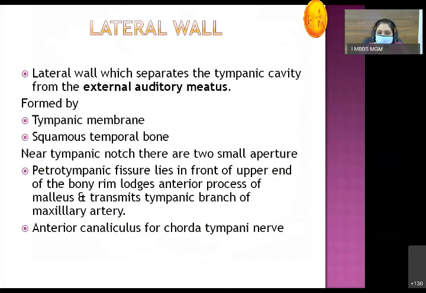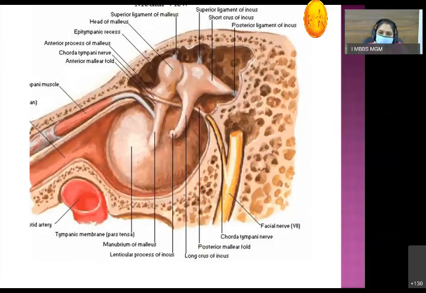Just below that is the anterior canaliculus for the chorda tympani nerve. This is the chorda tympani nerve. So here you can see the anterior canaliculus for the chorda tympani nerve.